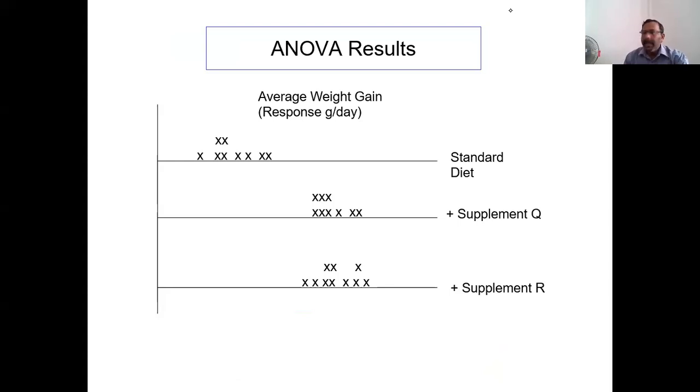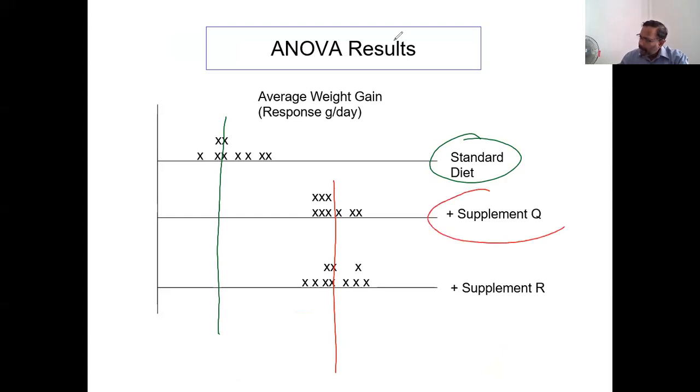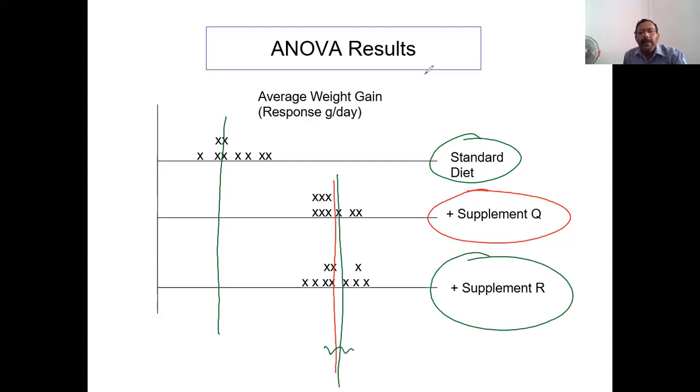Right, now I'm taking the data of these diets, this ANOVA result. So you look at the scale. Here is the average value of the standard diet. Then the average value of the standard plus supplementary diet, that is the scale. The third one, more or less the same scale, supplementary R. So do we have a difference between supplement Q and supplement R?